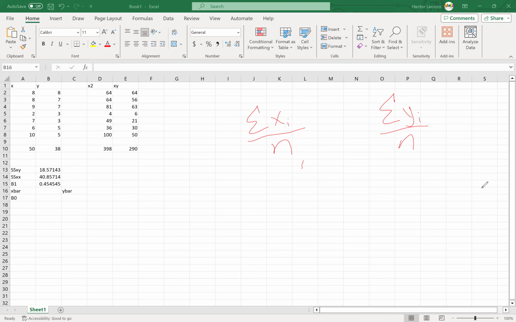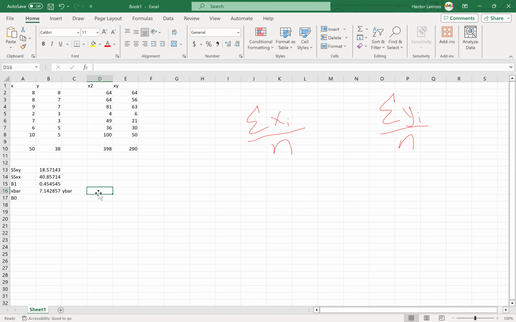N again is how many values we have. Okay. So I'm going to press equal. I see the adding of the x's right here is 50 divided by 7 because there's 7 values. So to round it to 4 decimal places, I will call that 7.1429. Okay, that's not bad.